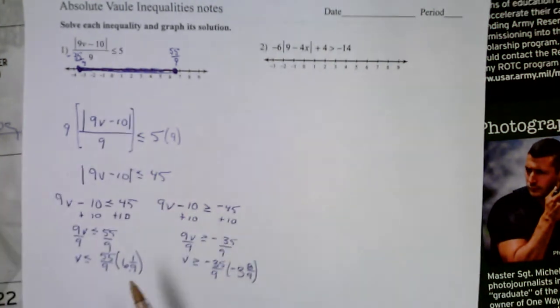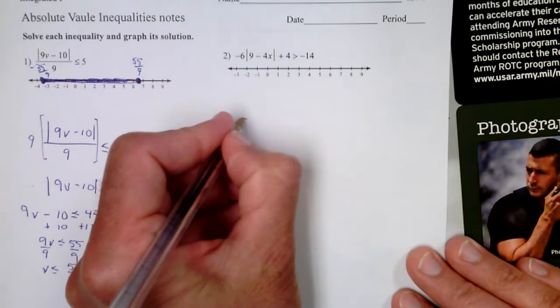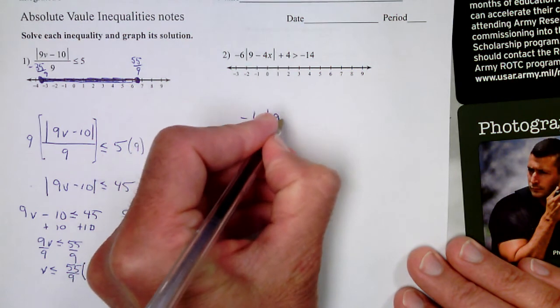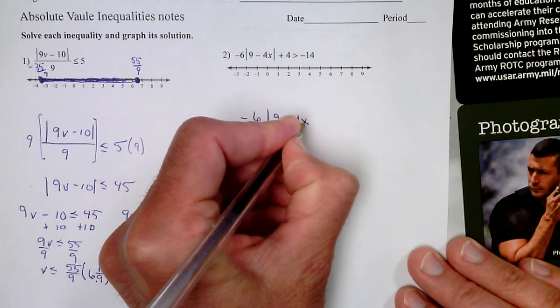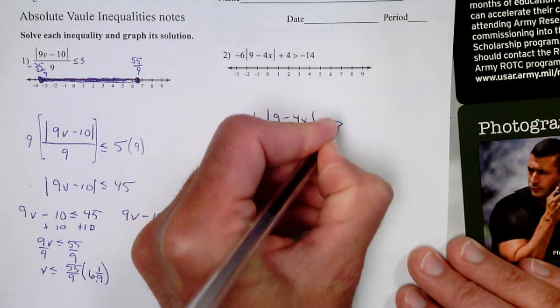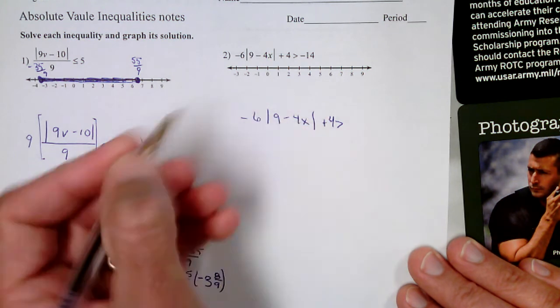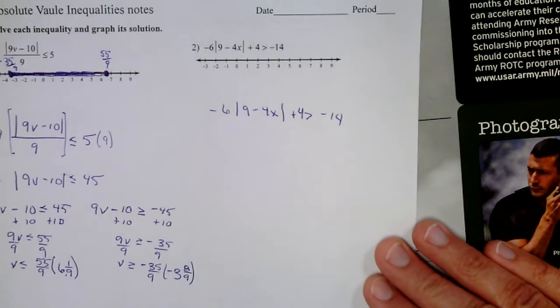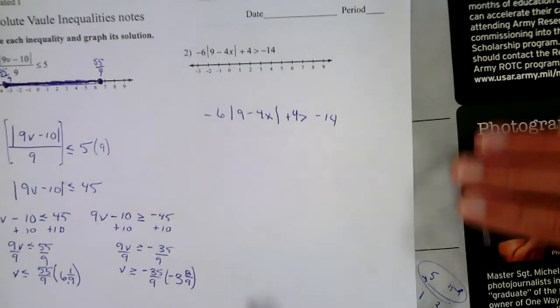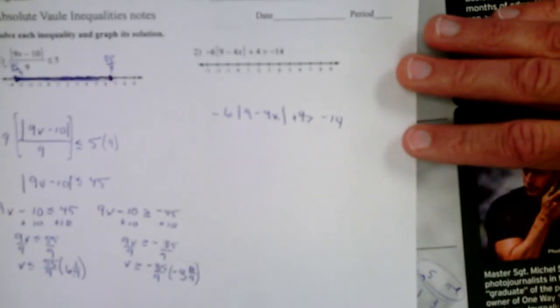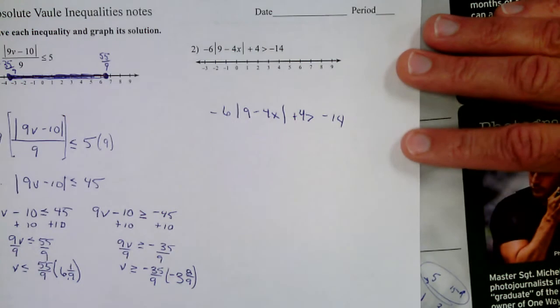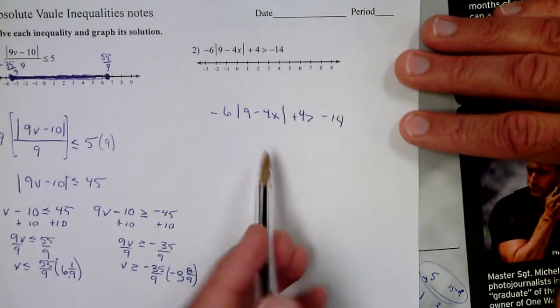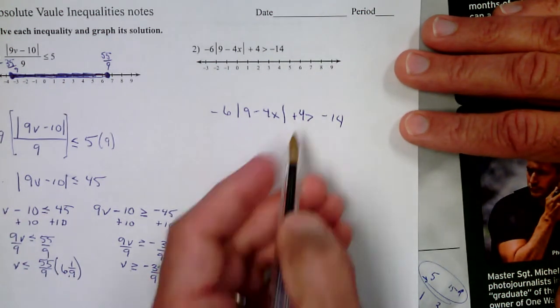Okay, now I'm going to redo this problem over here. We're going to do one more just to walk you through it again. Negative 6 absolute value, a little bit bigger, plus 4, forgot the plus 4, negative 14. So there's our start point. Okay, here again, we're going to remove everything from the outside of the absolute value signs before we split.